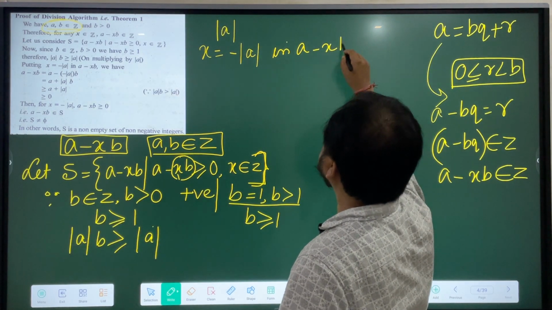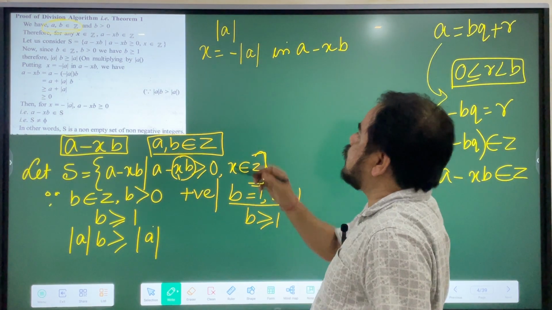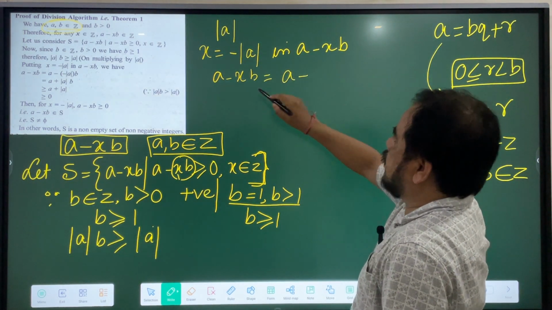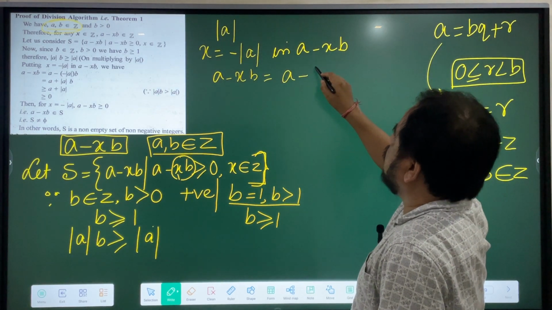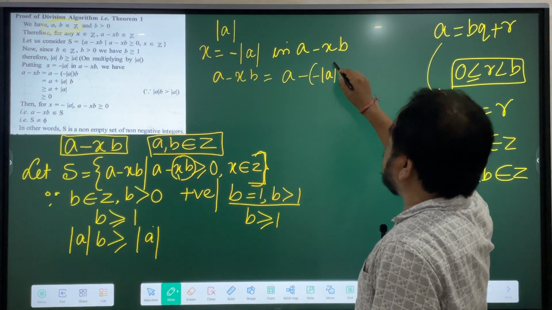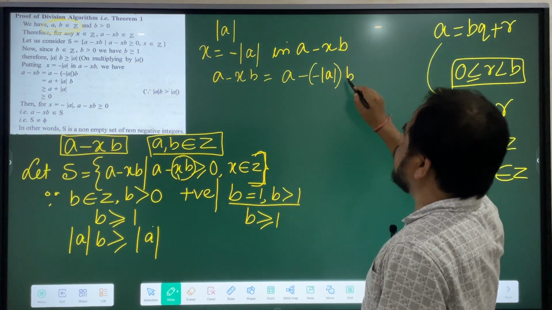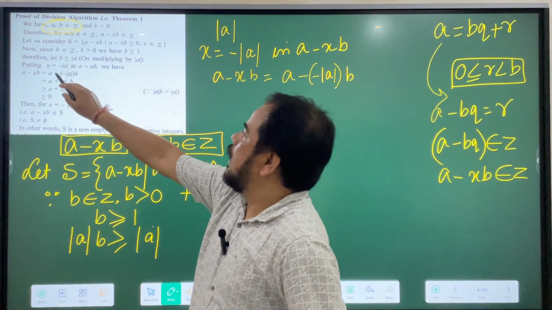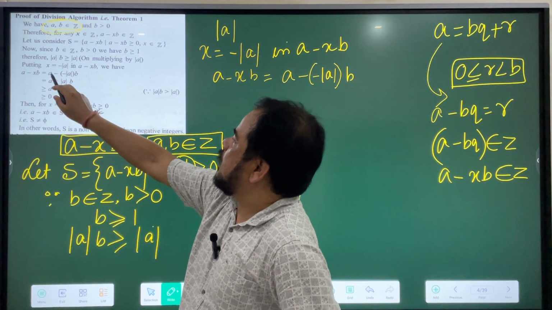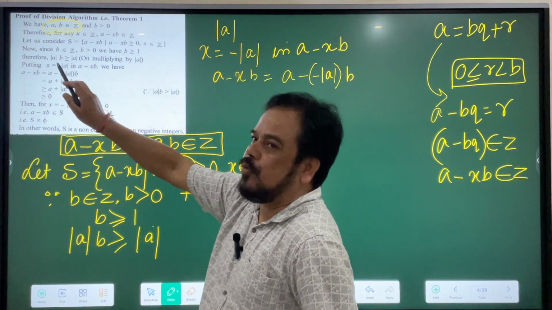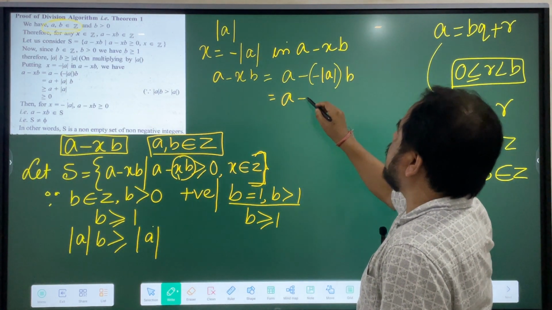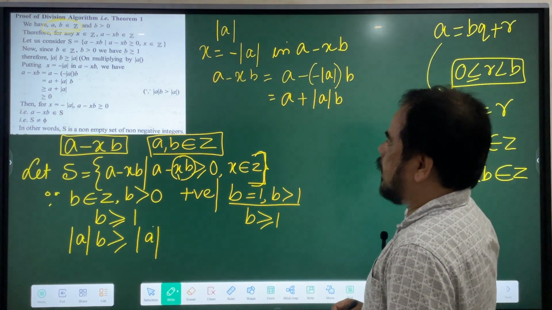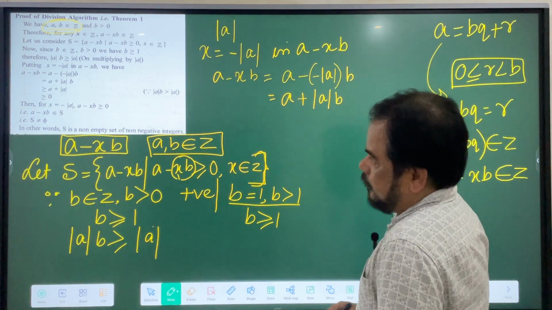So a minus xb is equal to a minus, with x being minus modulus a, minus modulus a times b. Just putting the value of x as minus mod a. a minus xb is a minus minus mod a b. I hope you understand this. Equals a plus mod a b.